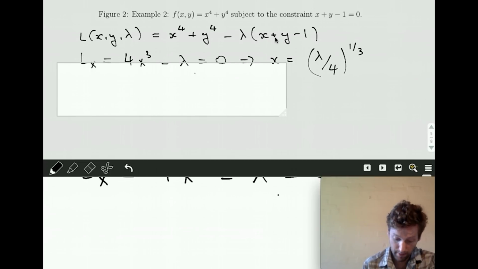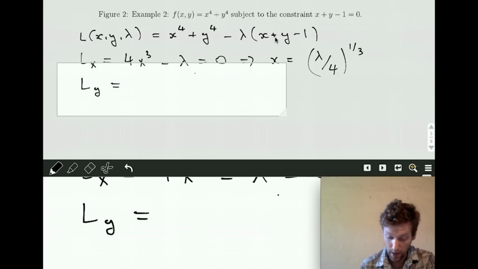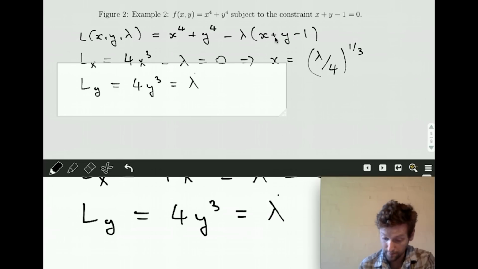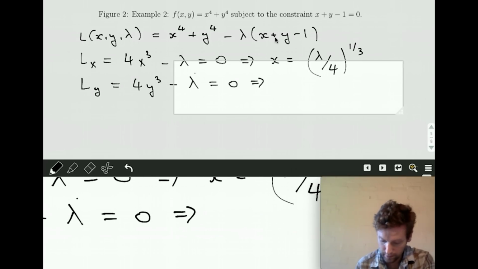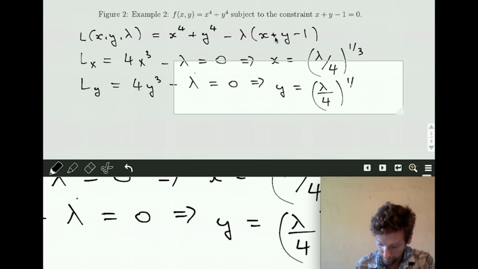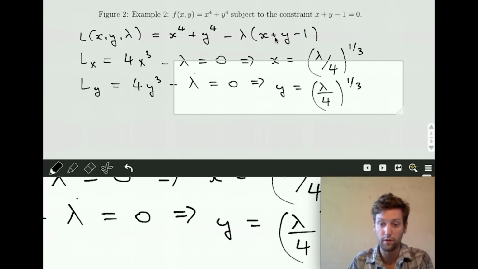Let's do the same with the partial derivative of L with respect to y. That's going to be 4y cubed minus lambda is equal to 0. Solving that, y is equal to lambda over 4 to the power of 1/3, the cube root.